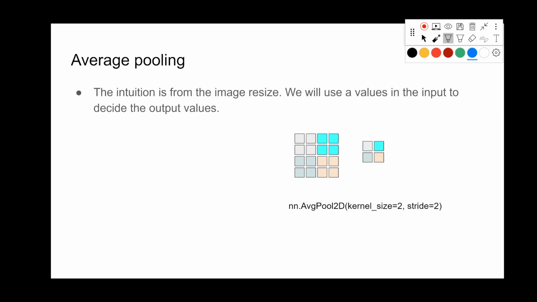For example, in here, we will use those 4 pixels to produce a pixel here. For this one, we just take an average of those 4 pixels. And for this one, we'll take the average of those 4 pixels as well.